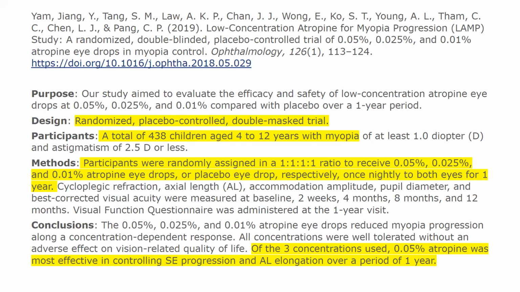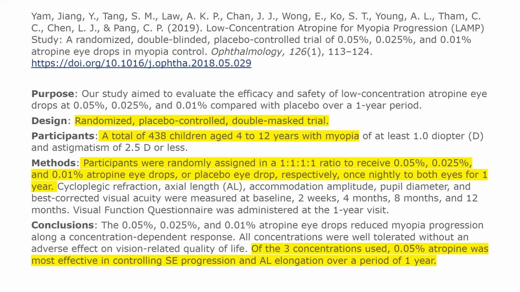And that was 0.05%, 0.025%, and 0.01% atropine eye drops, or a placebo eye drop. The study does appear to be a randomized controlled trial.